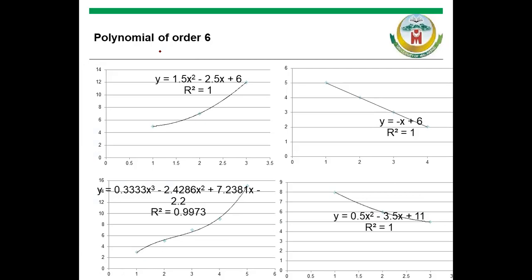Now this is the same function divided into four pieces. One piece consists of these points, and it can be modeled as a linear function with accuracy of 1. The other points are these, and again we can develop a linear model for this, minus x plus 6, modeled with accuracy of 1.